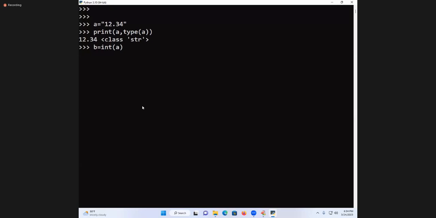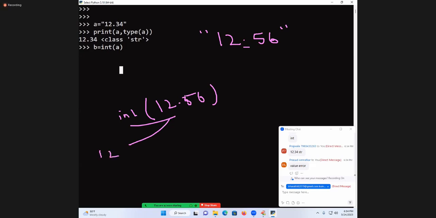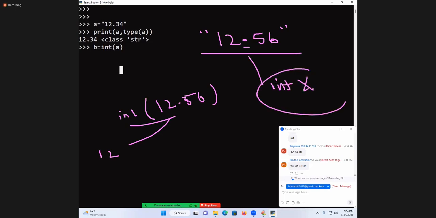Generally everybody will expect 12 as the answer, but 12 will not come, because anything written within double quotes with a dot is considered a special symbol. 12.34 as a float would give 12 with int, but within double quotes the dot is a special symbol that cannot be converted into int type.